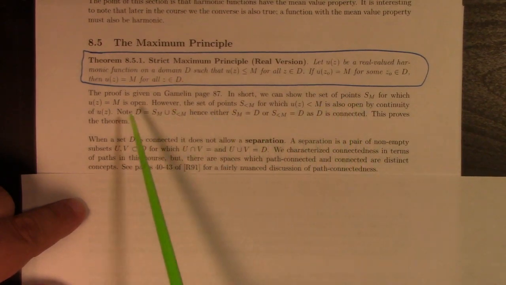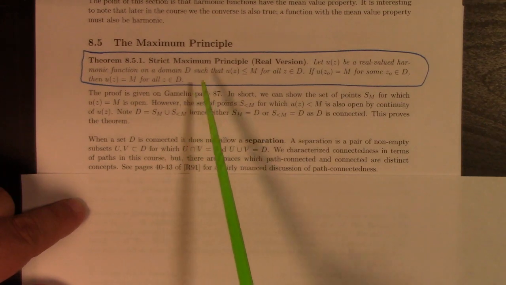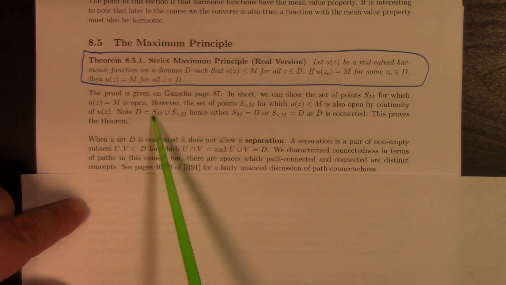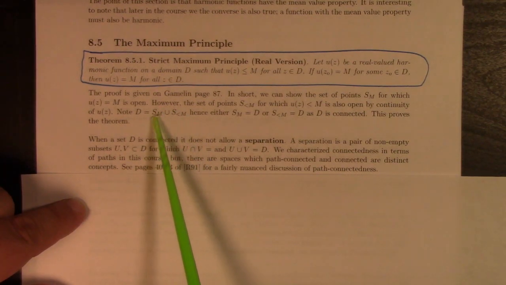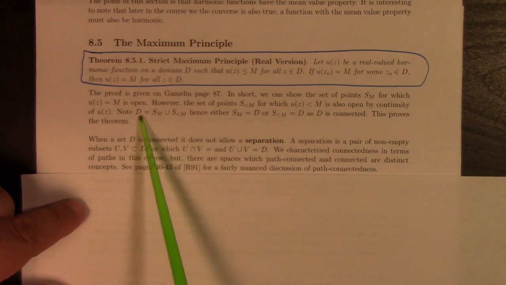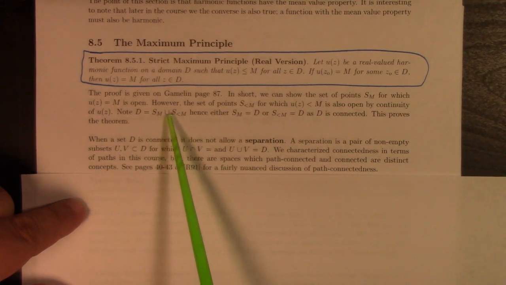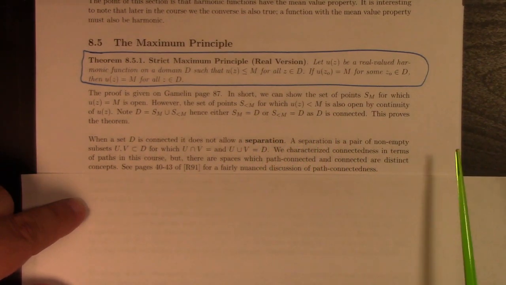But these are disjoint sets, right? And since m is the maximum, either the value is m or it's less than m. So these sets are disjoint and they're open. So these would give you what's called a separation of D. That D is the union of two open sets which are disjoint. But that's not possible because D is connected, and that proves the theorem.